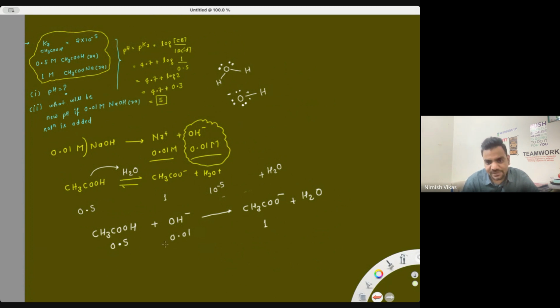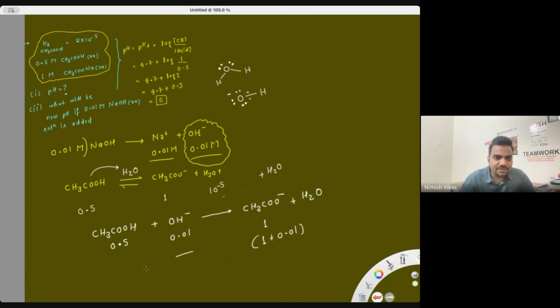Now this reaction, when this will happen, it will happen to completion. We have 0.01 molar OH minus ion, so this is limiting reagent. We have only 0.01, so only 0.01 of acetic acid can be used. So we will be left with 0.49. This will be exhausted, and 0.01 acetate ion will be generated.